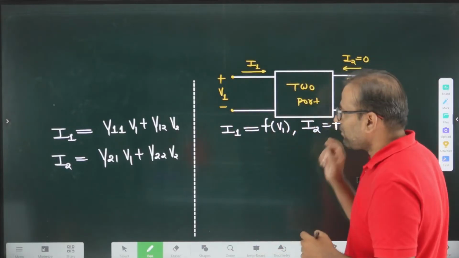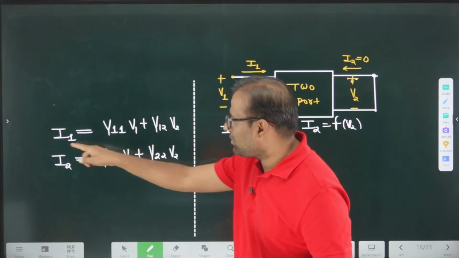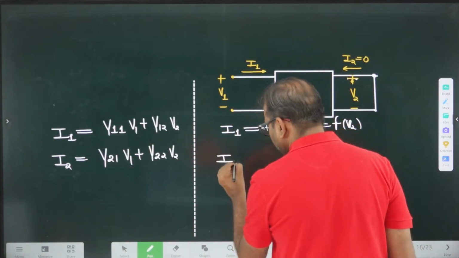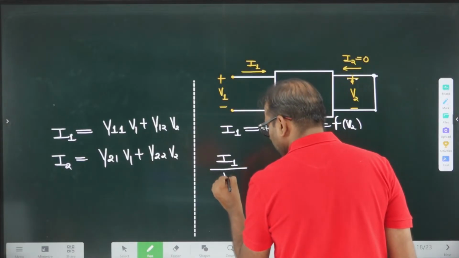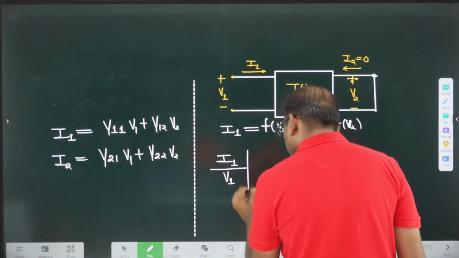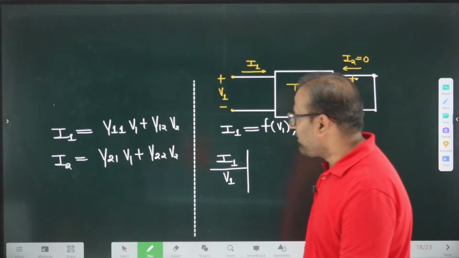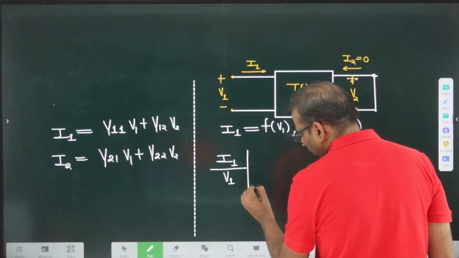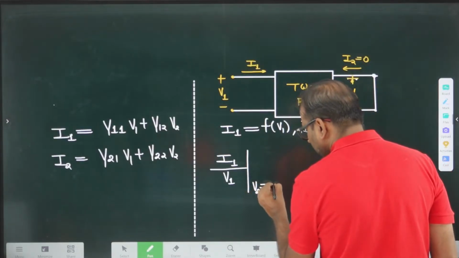By making V2 equal to 0, what can you have? You can have the ratio of I1 divided by V1, and I1 divided by V1 ratio is known as Y11 by making V2 equal to 0.